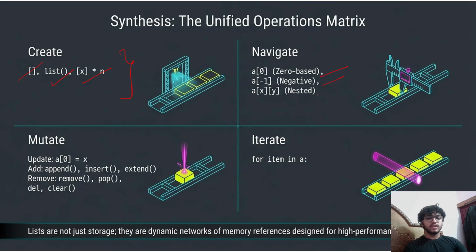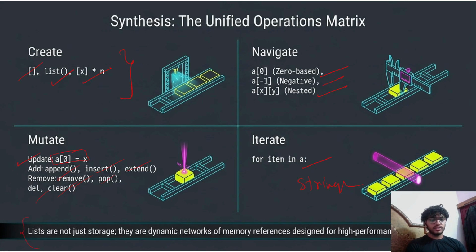Using indexing and nested indexing. How do we iterate? Using a for loop, just like strings. How do we update? First of all, we can just use indexing to update. We can use append, insert, extend, remove, pop, delete, clear. All of these we will be applying in VS Code.